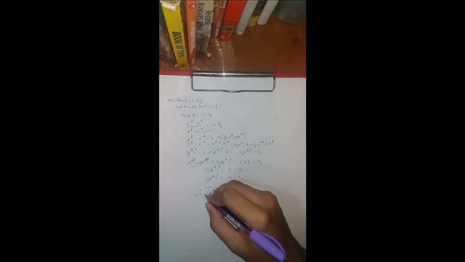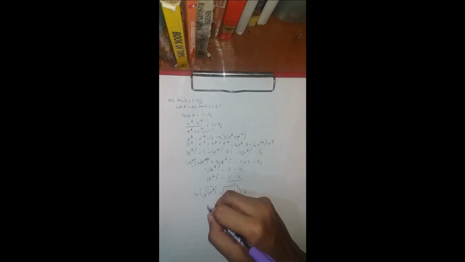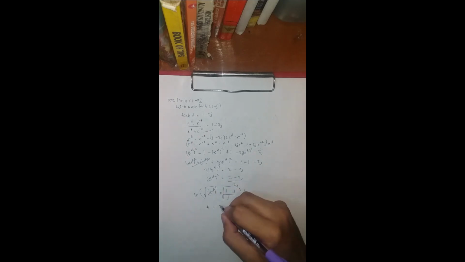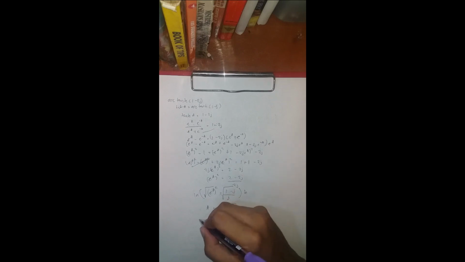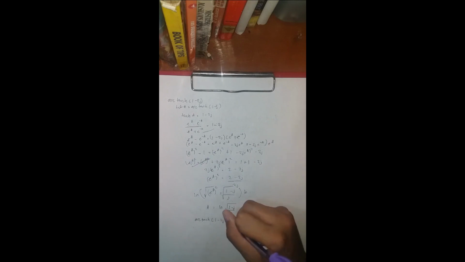And what is left is a equal to ln of the square root of 1 minus j over j, and simplified further, our answer for the arc tan h of 1 minus 2j equals 1/2 ln of 1 minus j over j.